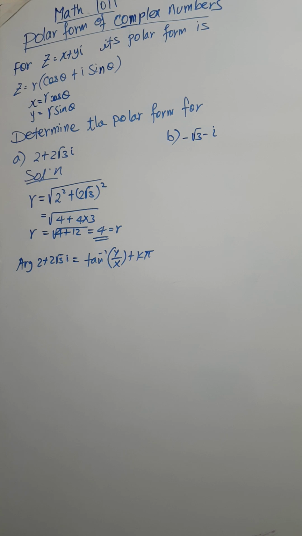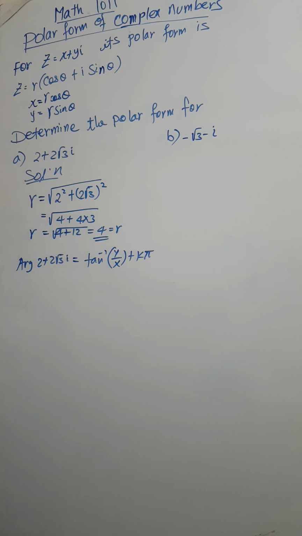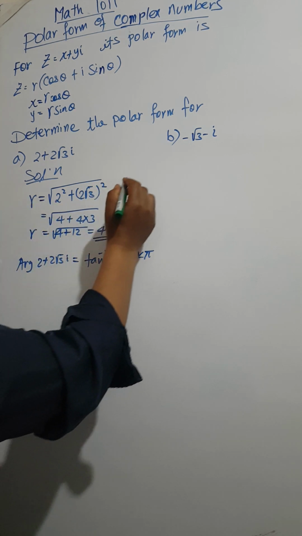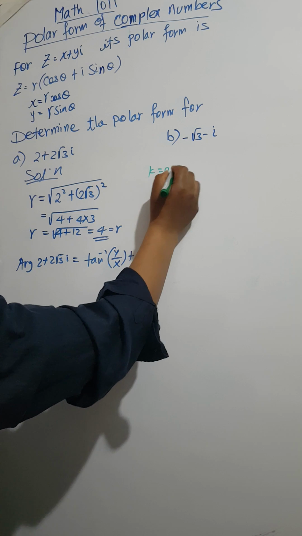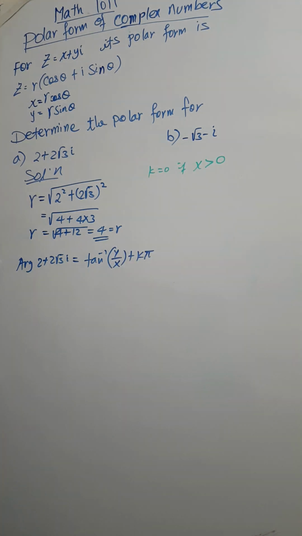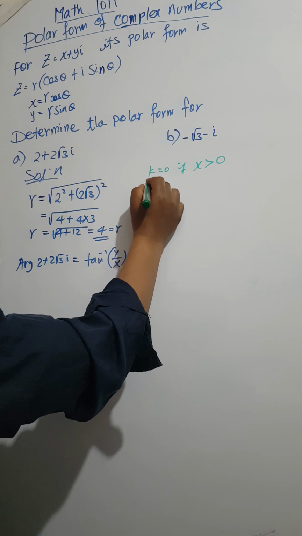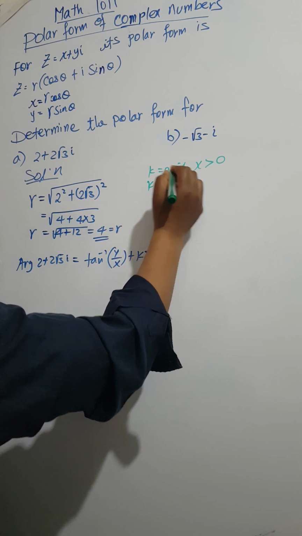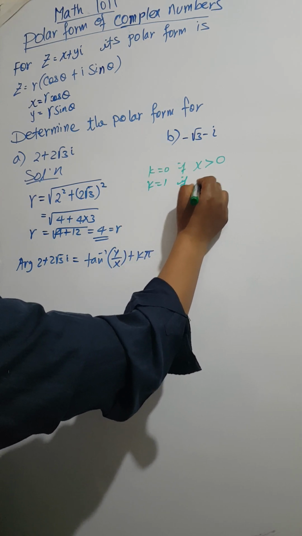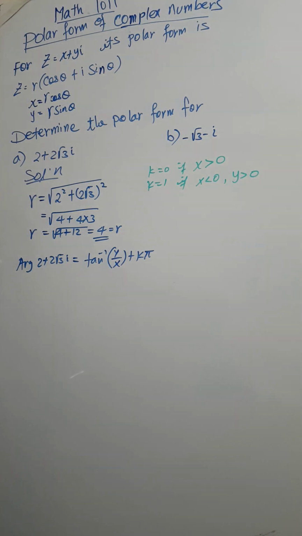In the last video we saw how to determine k. There are three cases for k. k is equal to 0 if the real part is greater than 0, whatever the imaginary part is. k is equal to 1 if the real part is less than 0 and the imaginary part is greater than 0.